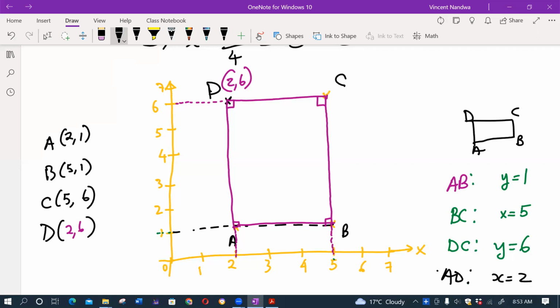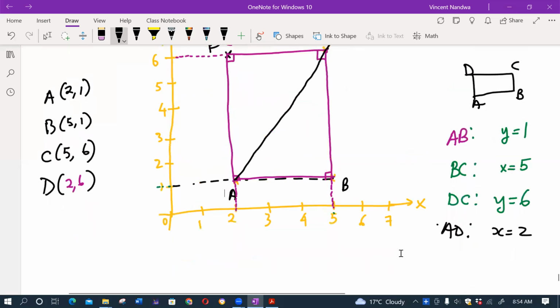Then AC, the line through point A, this diagonal. Let's get the gradient of the line, which is change in y over change in x.